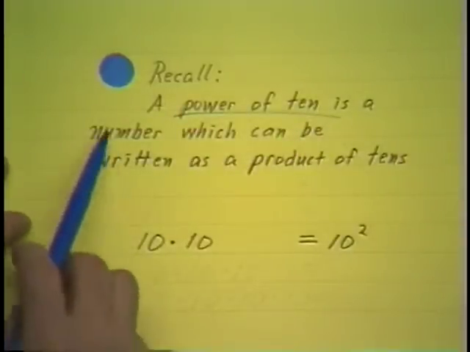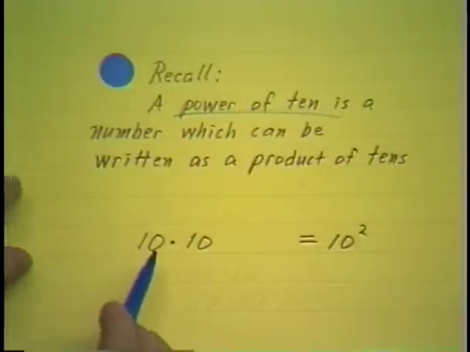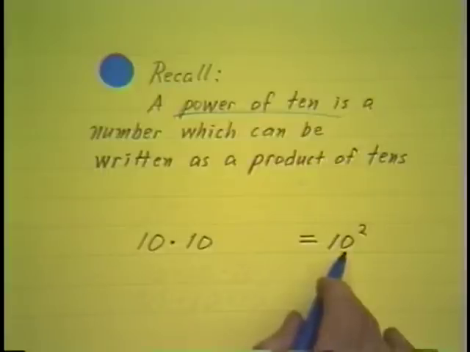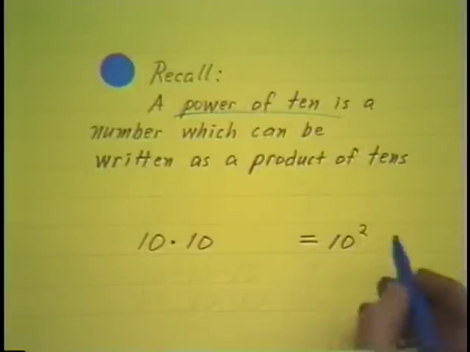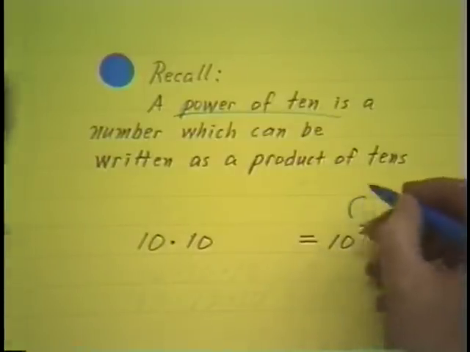It's simply any number which can be written as a product of tens. We had agreed that if you're multiplying two tens together, we simply write 10 with a small 2 to the right and up high, which we call an exponent.